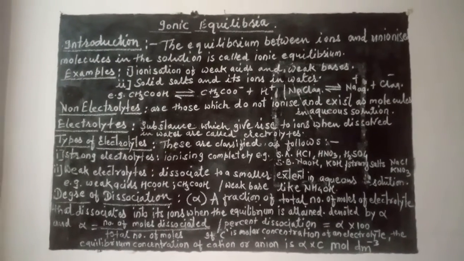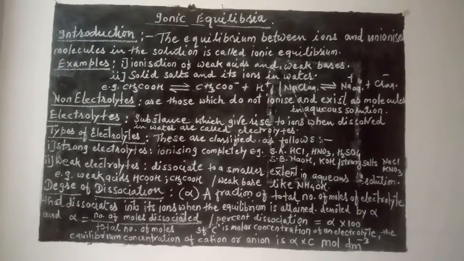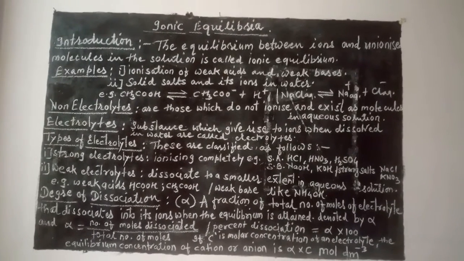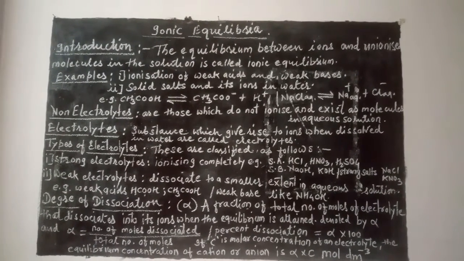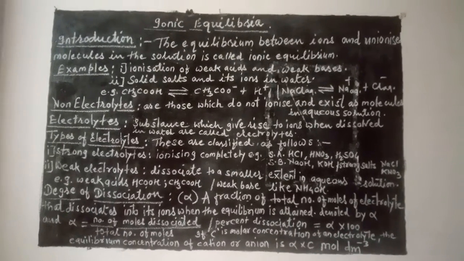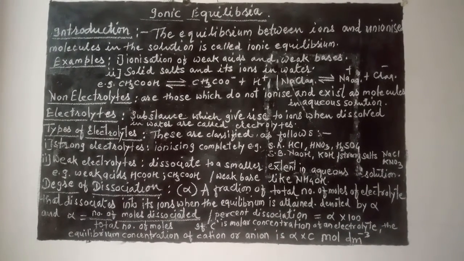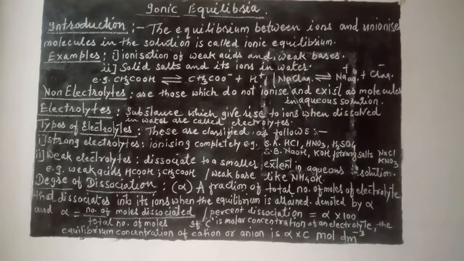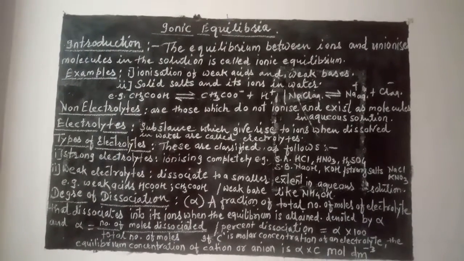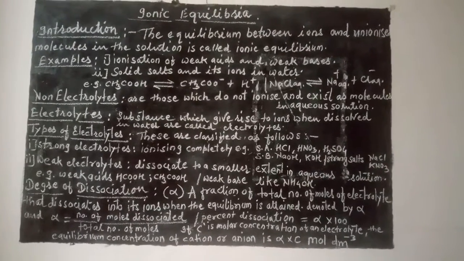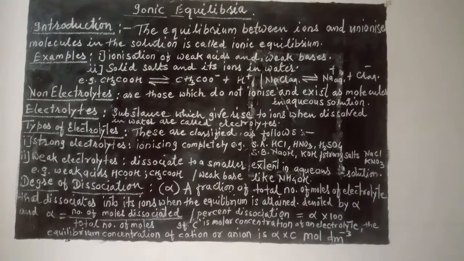For example, the weak acids like HCOOH, that means formic acid, CH3COOH like acetic acid, and weak bases like NH4OH. All these molecules dissolve in water but do not get dissociated fully or completely. For example, I will explain it.